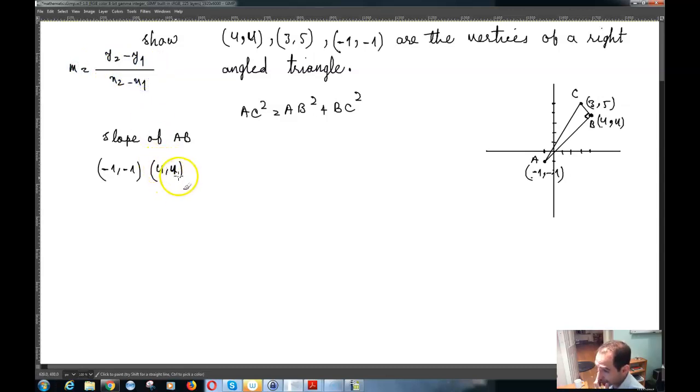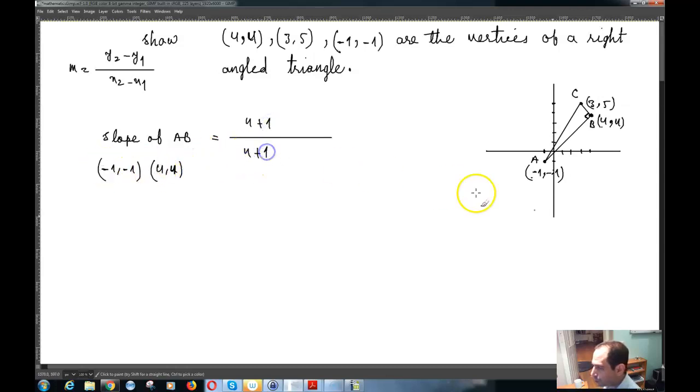Take this one as x1 y1 and this one as x2 y2. Then y2 minus y1 is 4 plus 1, and x2 minus x1 is again 4 plus 1, so that is 5 over 5, which is equal to 1. So the slope of this line is 1.